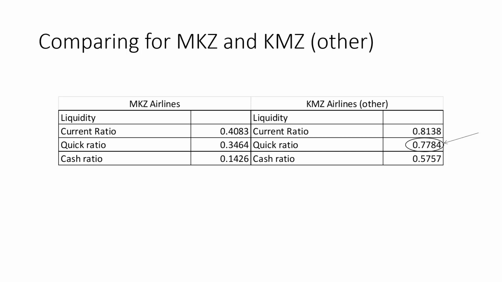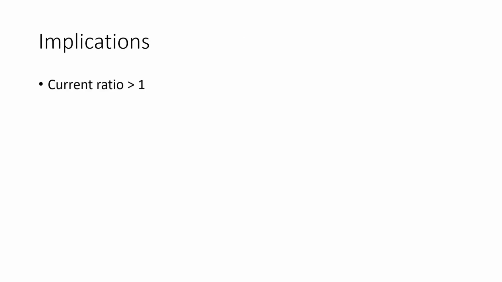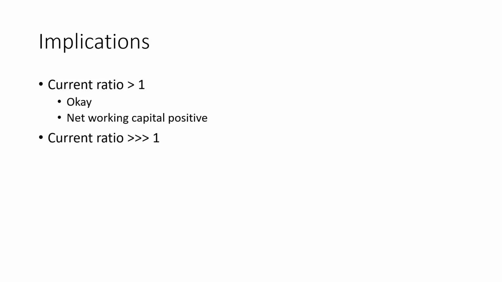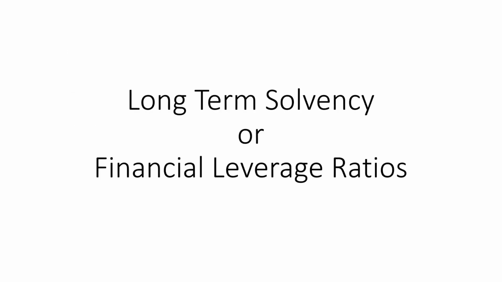So the quick ratio of KMZ, the smaller airline, is much larger than the quick ratio of MKZ Airlines. So 0.78 versus 0.35. The implications are current ratio typically more than 1 is very useful. Net working capital therefore becomes positive. And the current ratio very large as compared to 1, it's really a representation of cash not being employed correctly to earn returns on that cash.